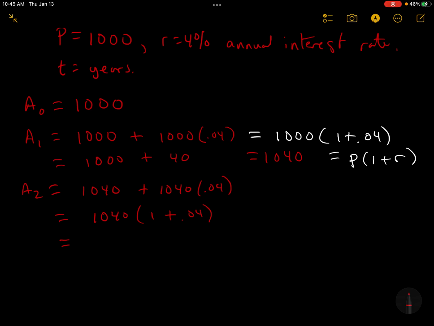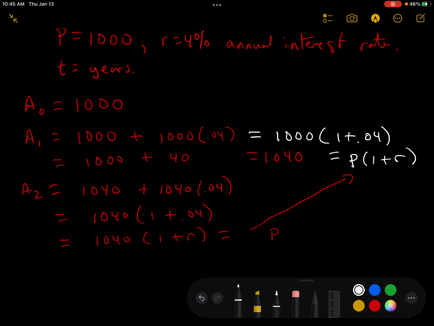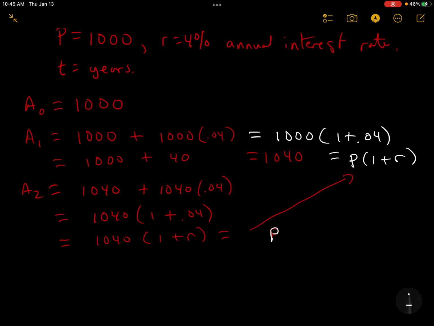So this is 1,040 times 1 plus the rate. But 1,040 we already computed to be P times 1 plus R, times another 1 plus R. So I have P times 1 plus R squared.